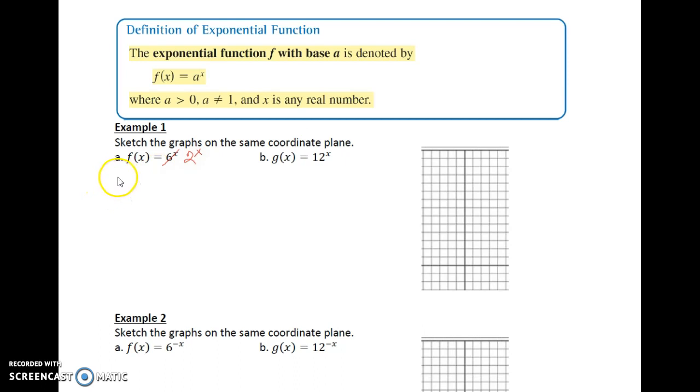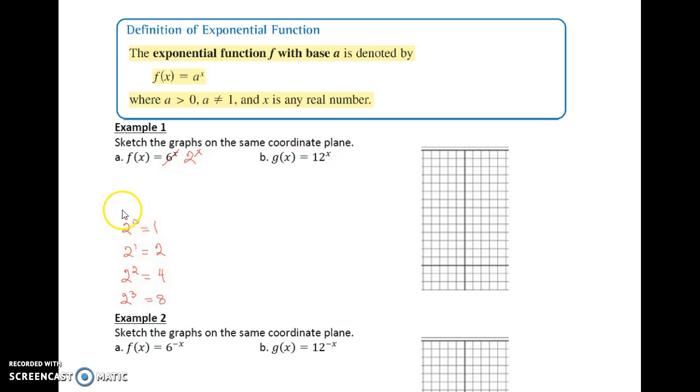Okay? If you are not quite sure what values to input, it might be helpful to calculate a few of these values. Well, I know for a fact that 2 to the 0 power is going to be equal to 1. I know that 2 to the first power is simply 2. I know that 2 squared is equal to 4. I do know that 2 cubed is equal to 8.